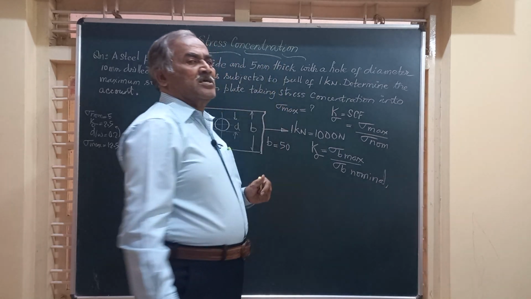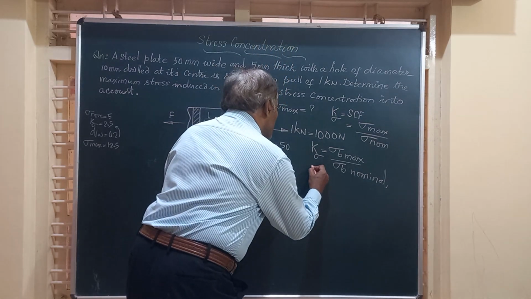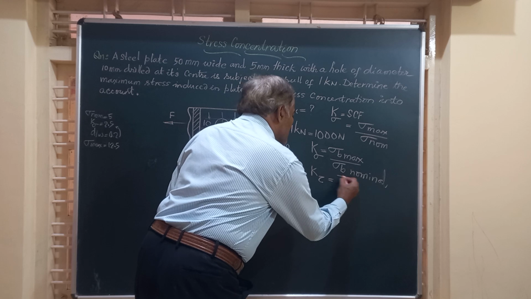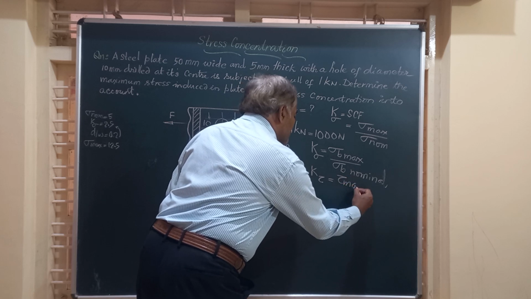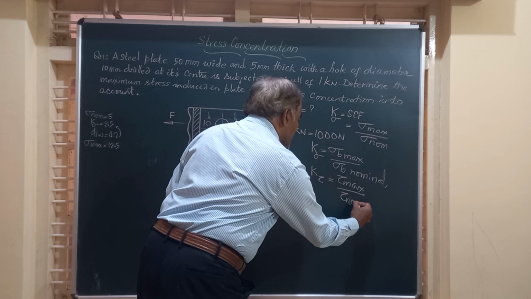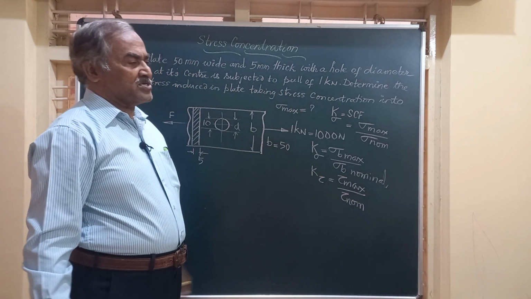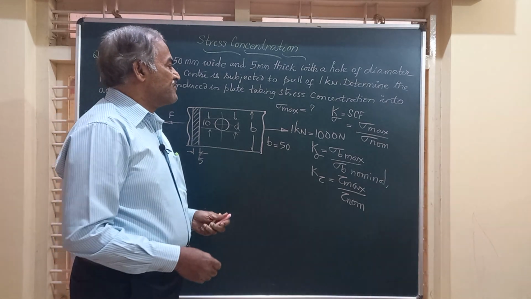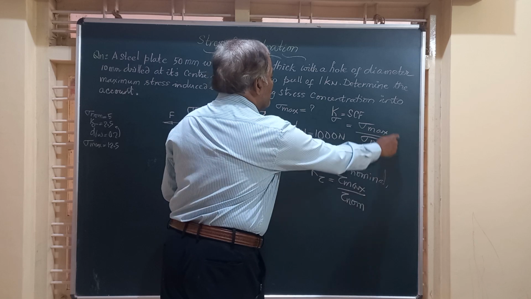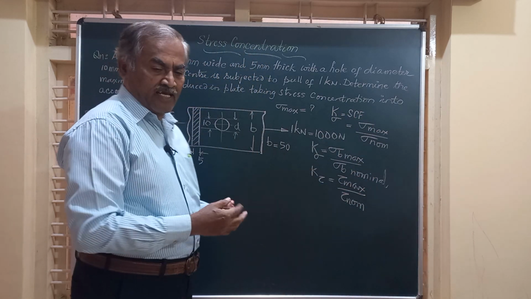Similarly friends, if it is the case of a torsion, we have K tau, which is tau maximum, means maximum shear stress, divided by nominal shear stress, is the formula that is being used. So friends, in today's problem, we are going to apply this formula because this is the case of a member subjected to tensile load.